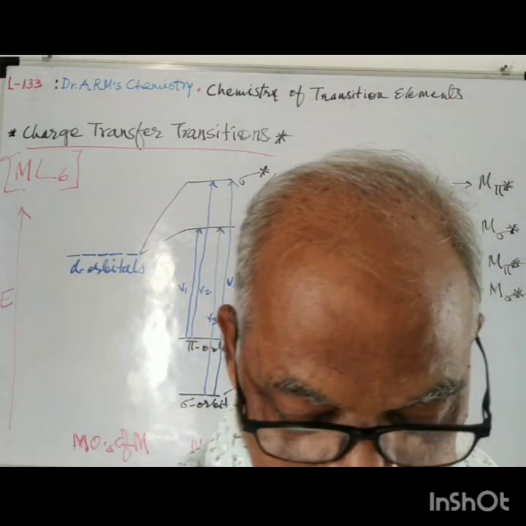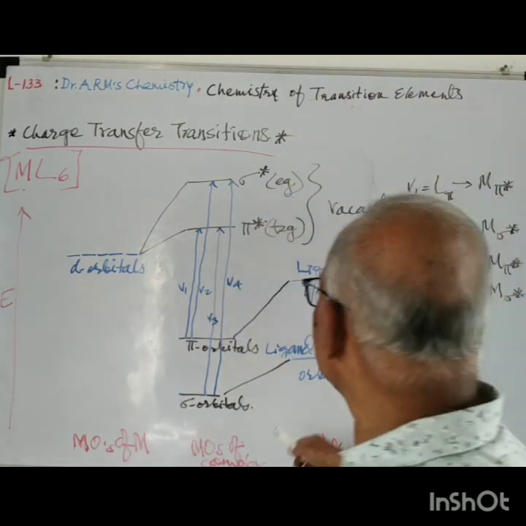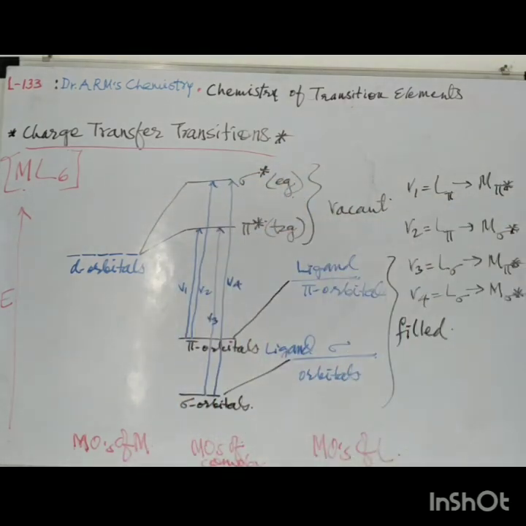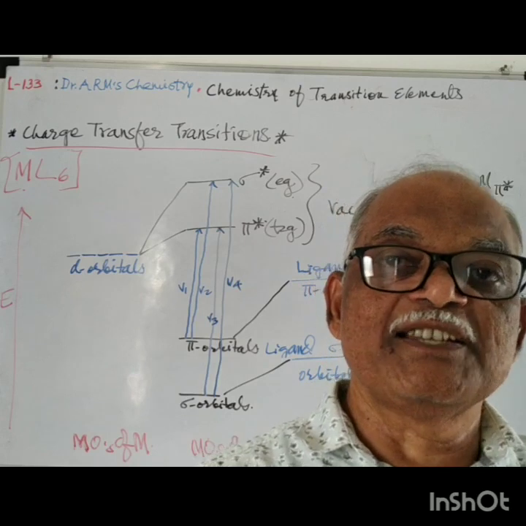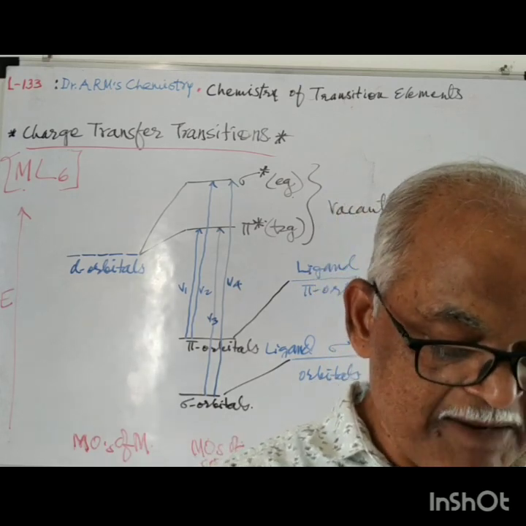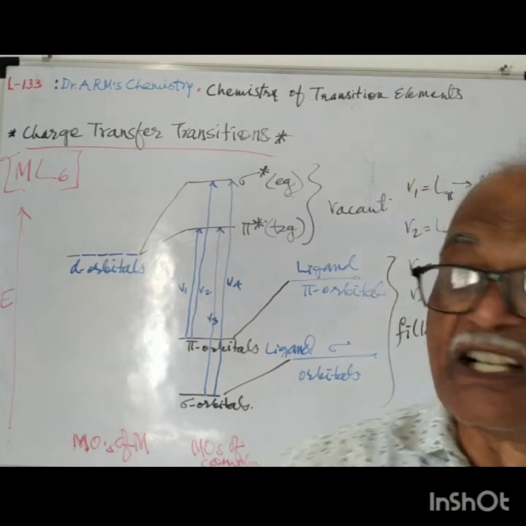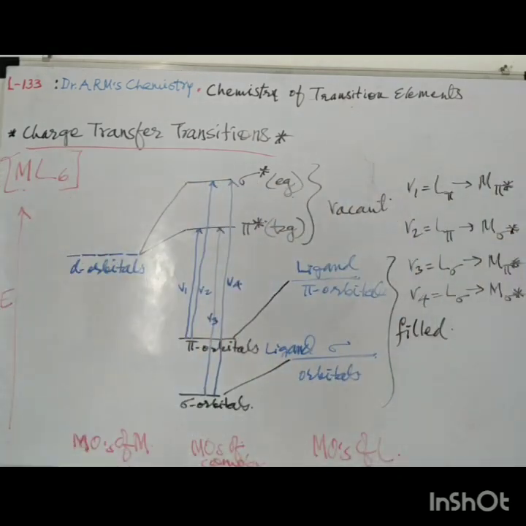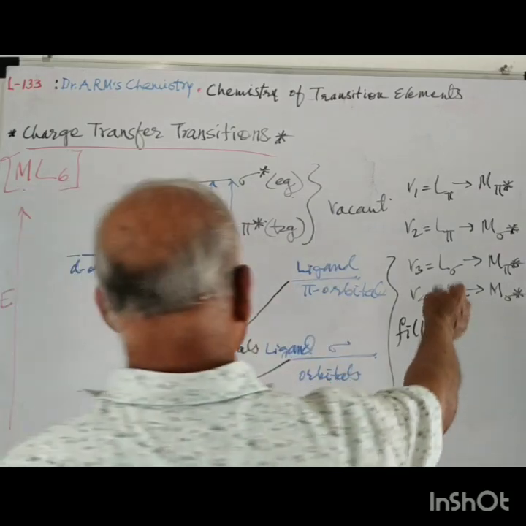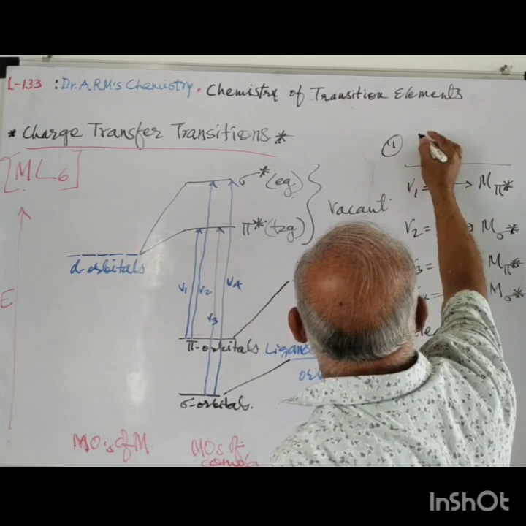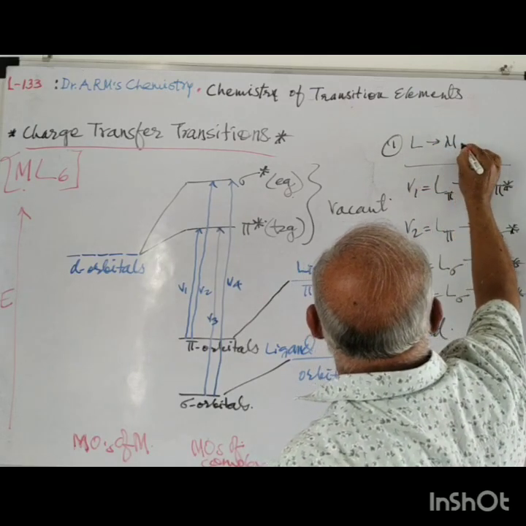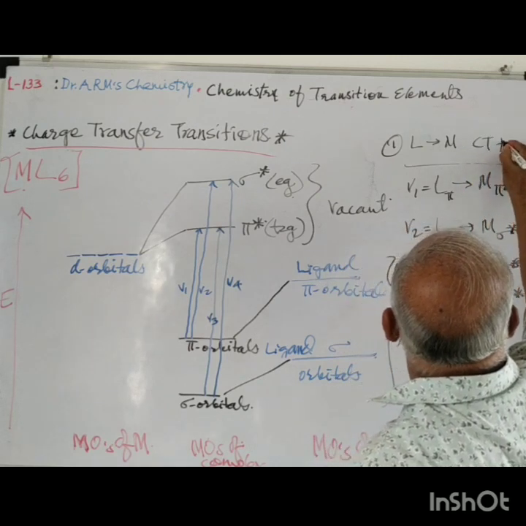Now, if we see the ligand to metal type of transitions, we find that these transitions are easier to understand, and they are more important for understanding the ligand to metal charge transfer. So we will see how these transitions take place. So this is the first type of ligand to metal charge transfer transition.